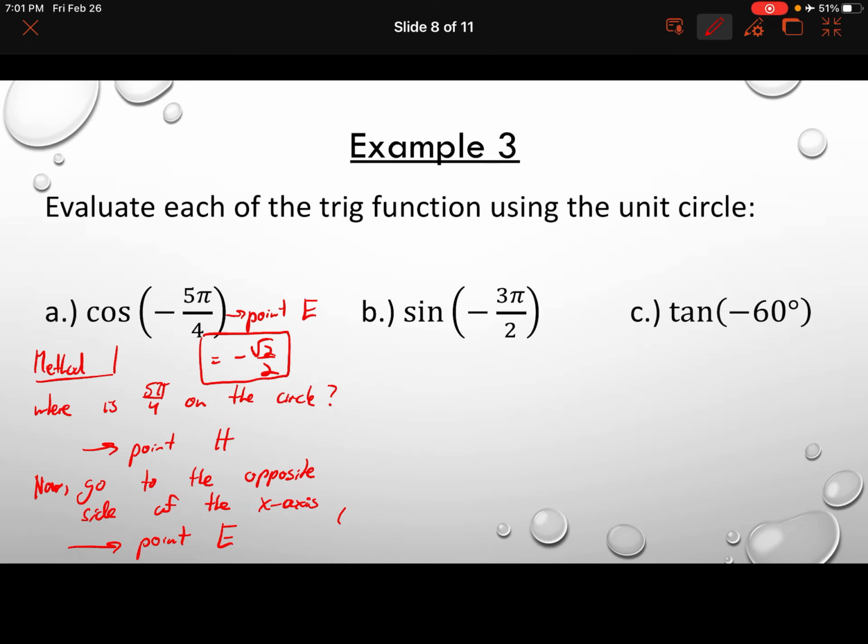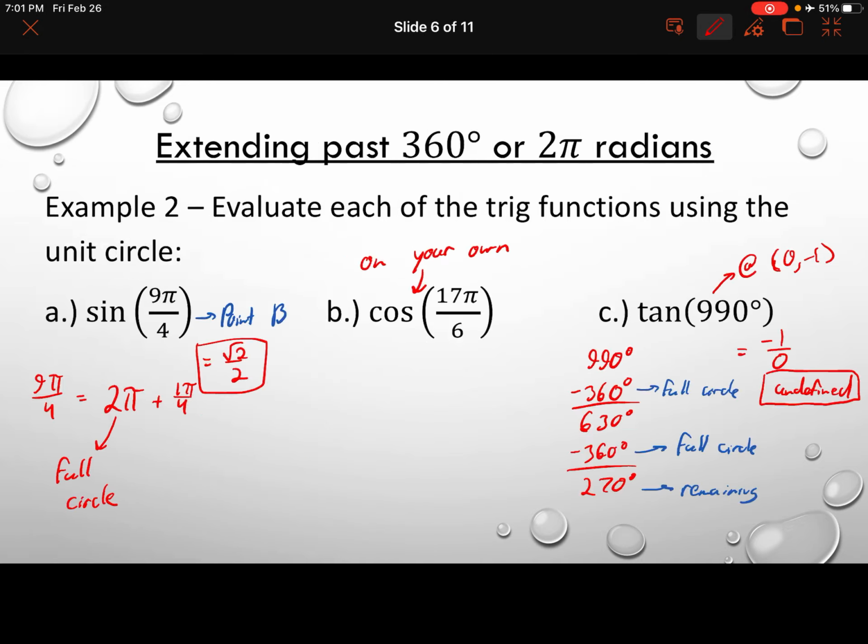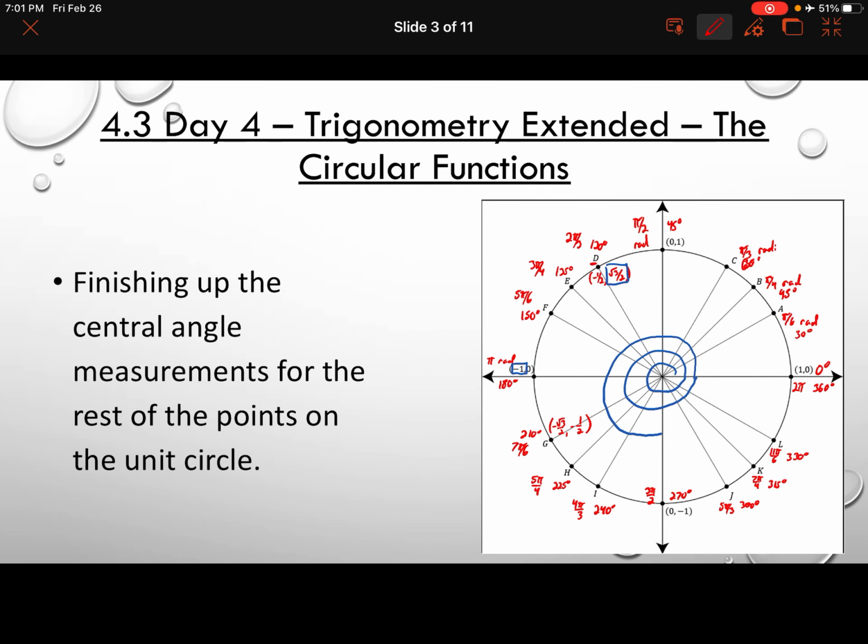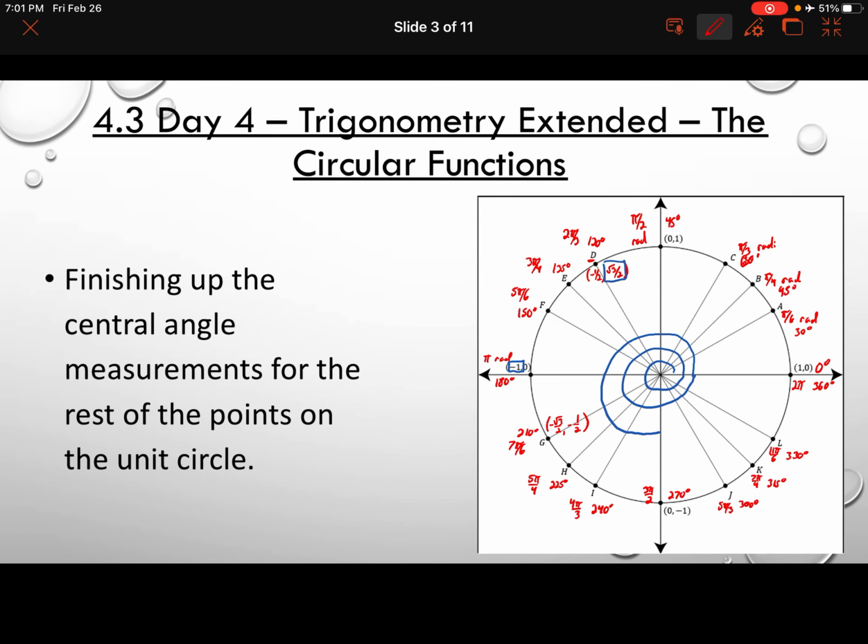Okay, so let me just quickly show you what that would look like on the circle. So if we go back here, let me erase all this stuff. Okay, so 5 pi over 4 is point H, which we can see here in the bottom left.